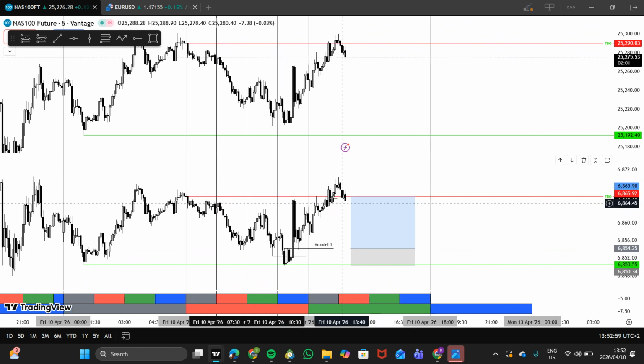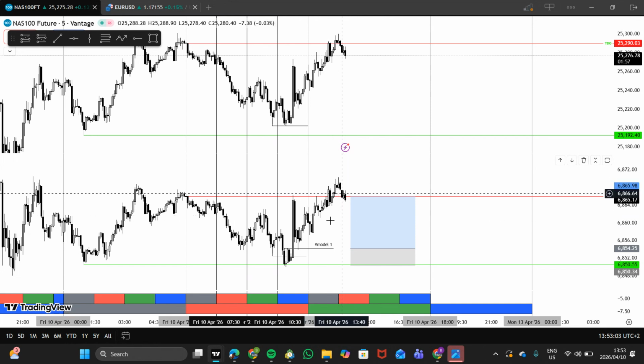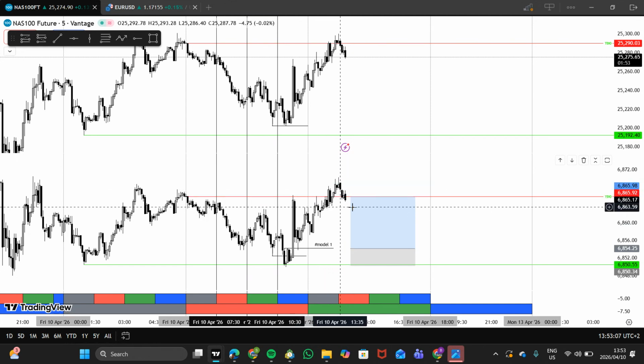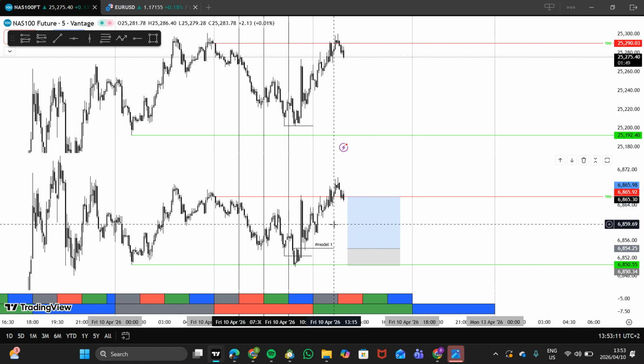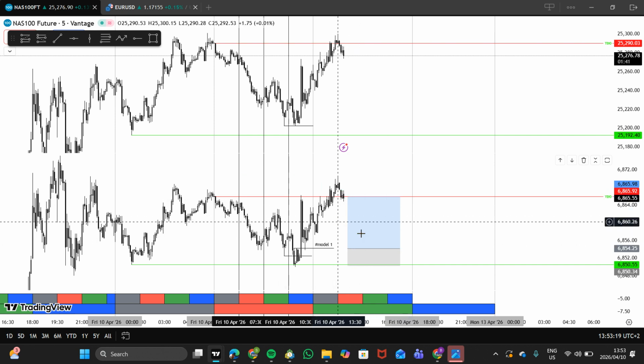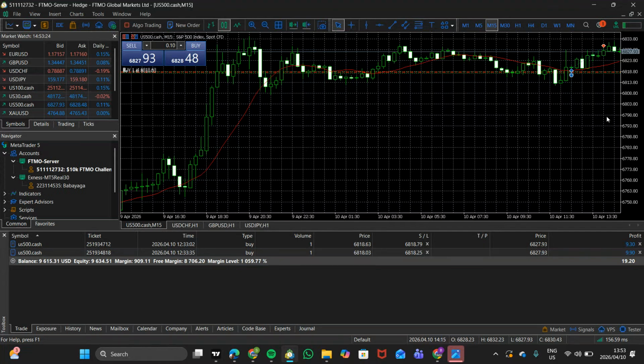These levels over here are sensitive, guys. So when price reaches these levels, just observe what happens. That's why I went ahead and took my partials over there. 90% of my partials I closed right there, and I am still running some over here.